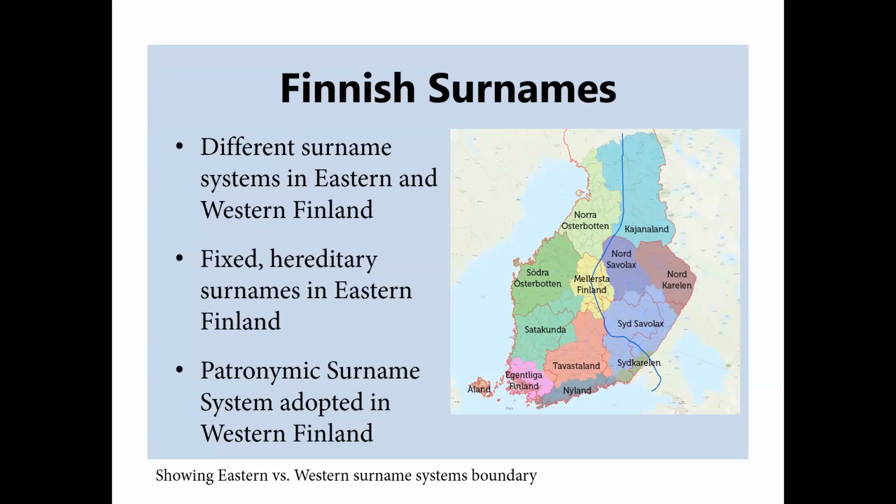Once you figure out where your family is from, you have to understand there's two systems going on here. And I've linked a lot about Finnish surnames on the handout, some great name studies and wikis as well that help guide you, because they're completely different. The suffixes and whatnot are different in Finland.